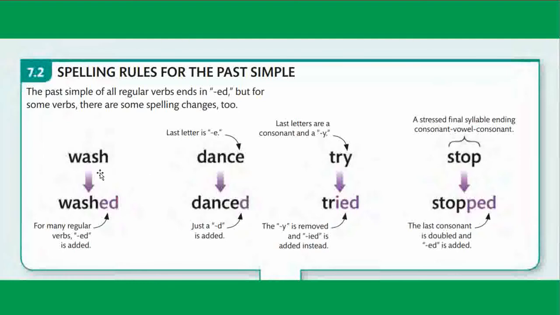Let us have a look at the example that is before us. Wash is a regular word. It will take ed. For many regular verbs, ed is added. We know this rule so far. Now let us see the example that is before us: dance. Dance is a verb.